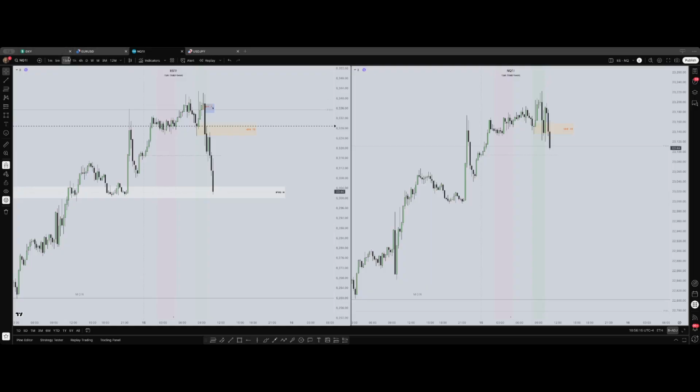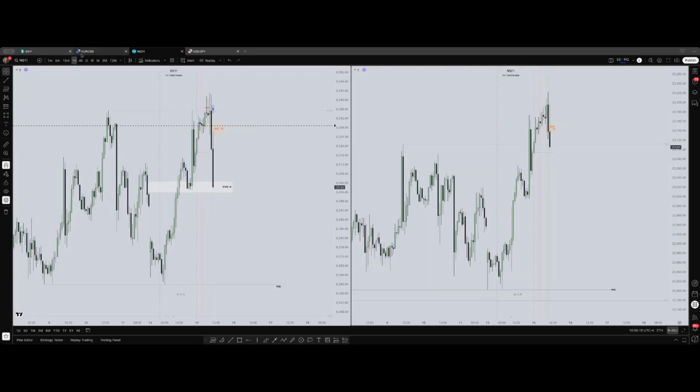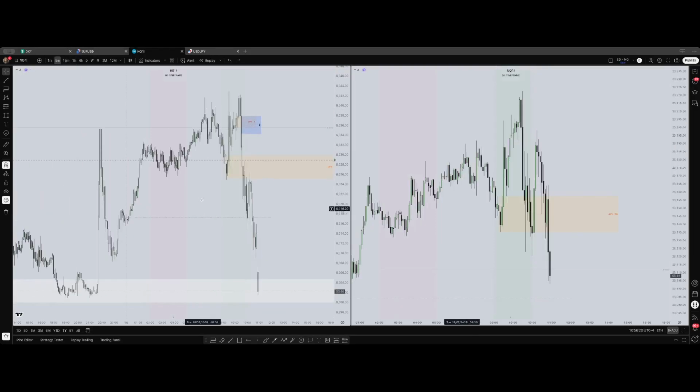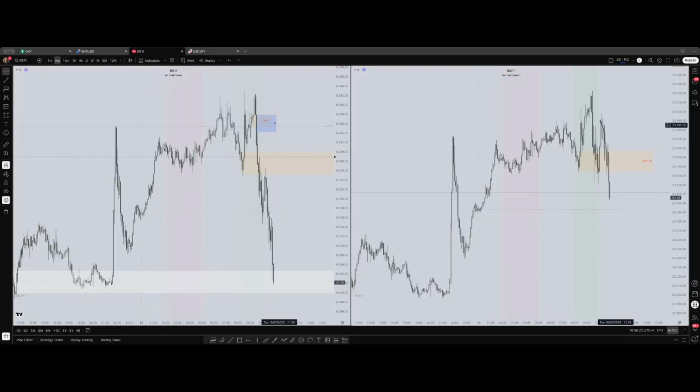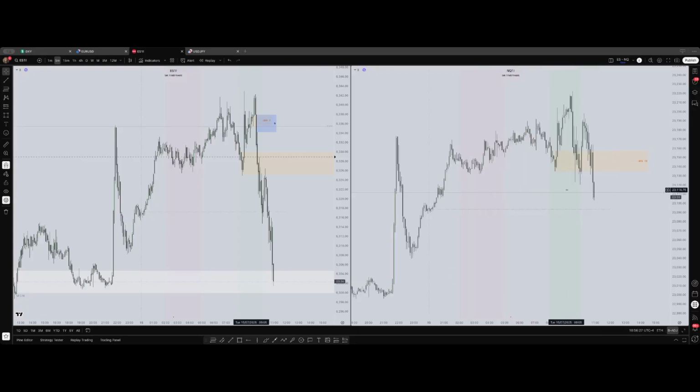Yeah, I understand. I also was thinking to go short, but for me, this break wasn't enough. This with the wicks, I want body falling. I want a huge displacement.